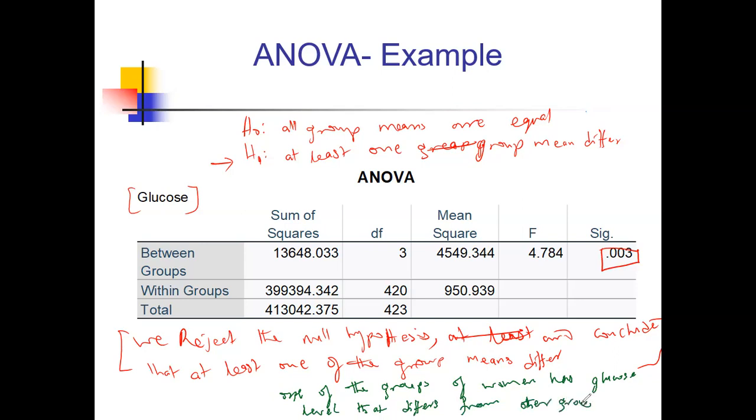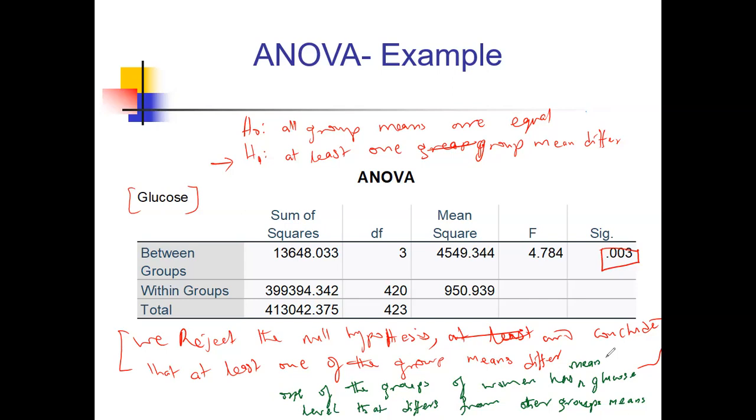We can say from other group means. Okay. One of the groups has mean, let me put the word mean here. So remember again that what we are comparing is the mean. We're not comparing the individual participants to themselves. We are comparing the mean of each group to the other one. So you want it in that direction. So one of the groups of women has a mean glucose level that differs from other group means, okay?